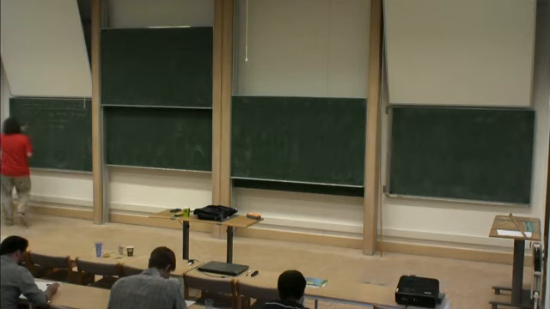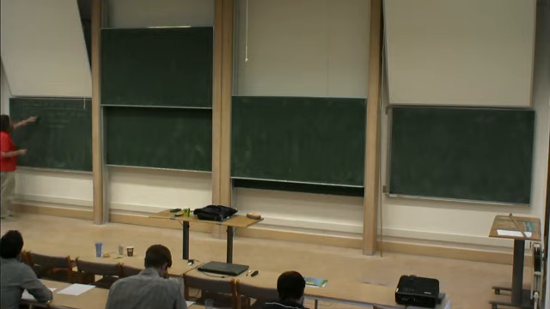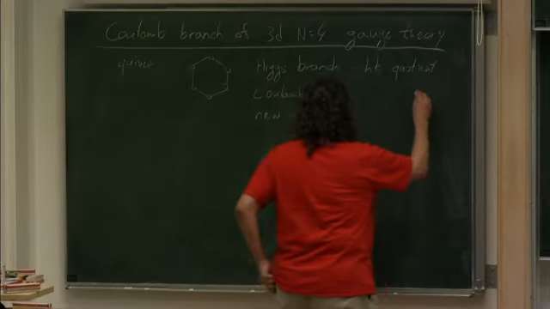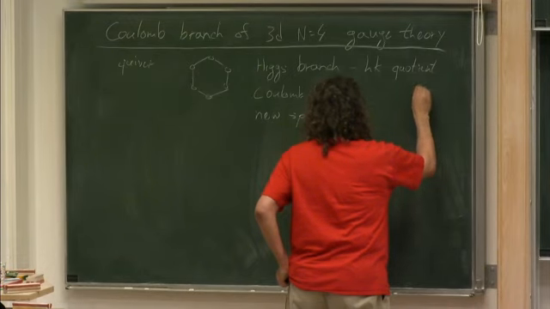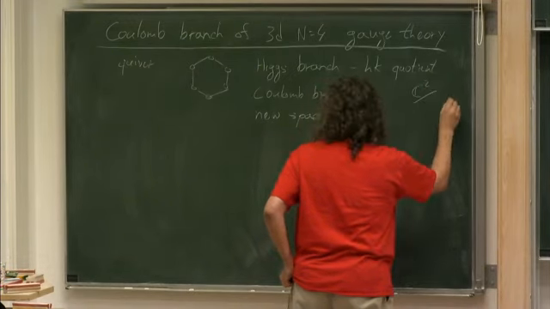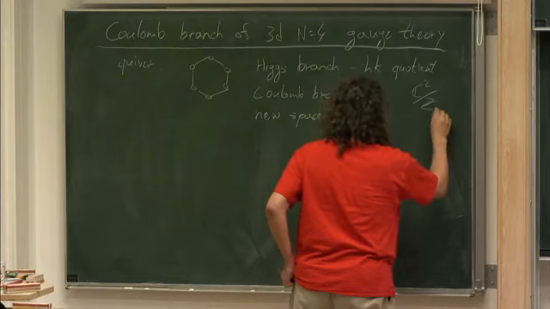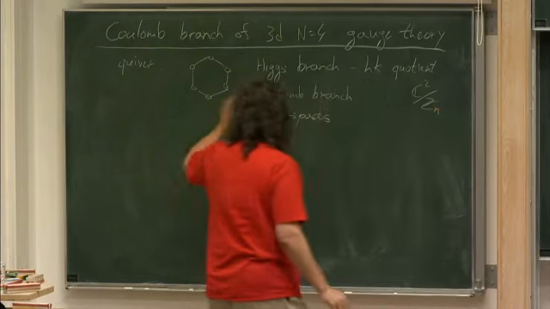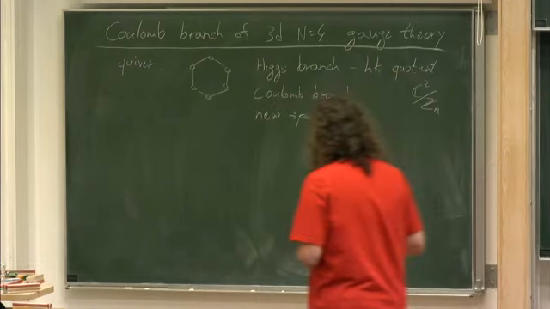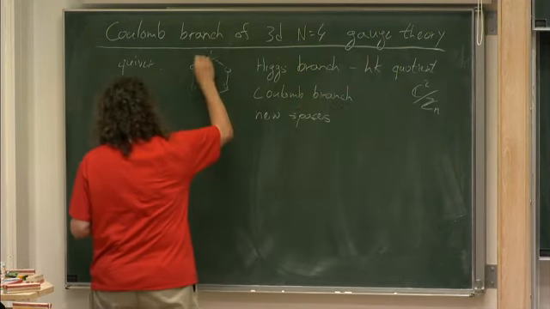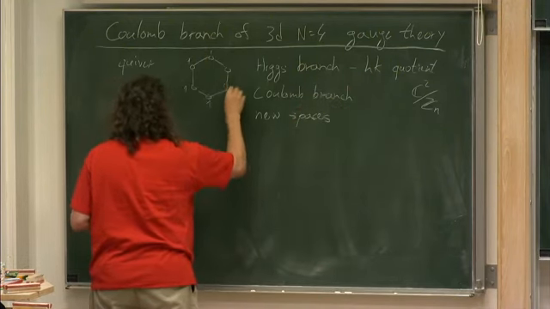So let's in fact look at this particular quiver. So it's known that the Higgs branch for this quiver is the resolution of the singularity C2 mod Zn, where n is the number of nodes in the quiver, and provided that the ranks are all 1.